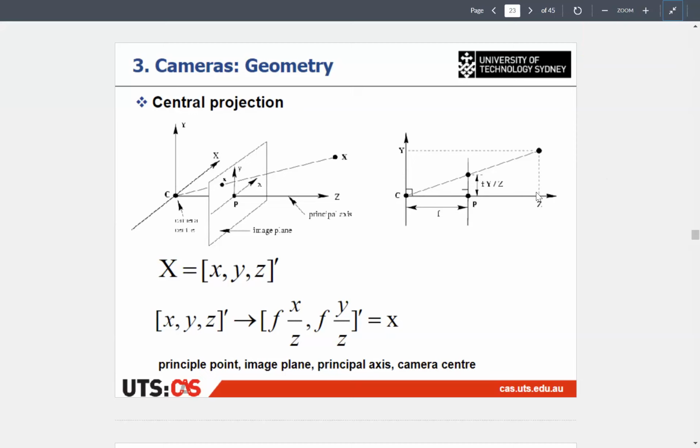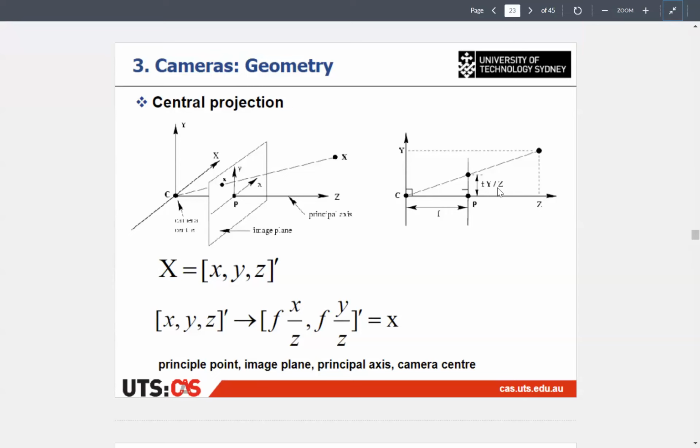Then capital Y divided by capital Z equals small y divided by F, so small y is equal to F times capital Y divided by capital Z.